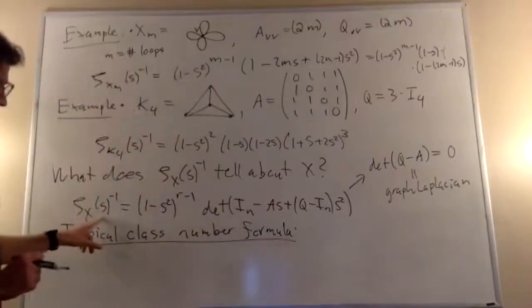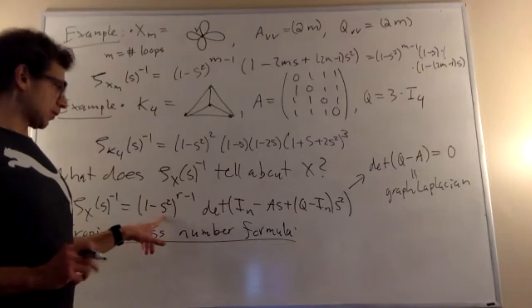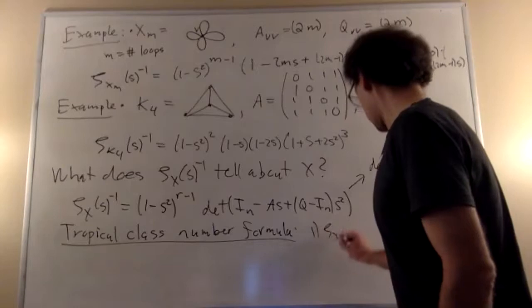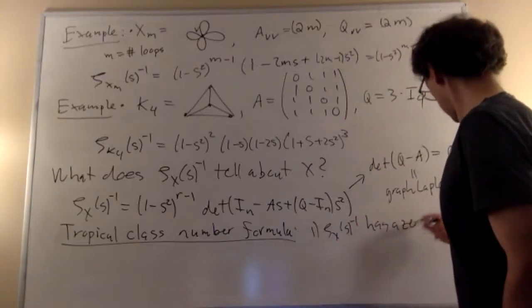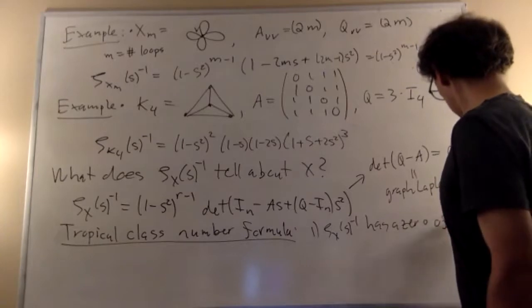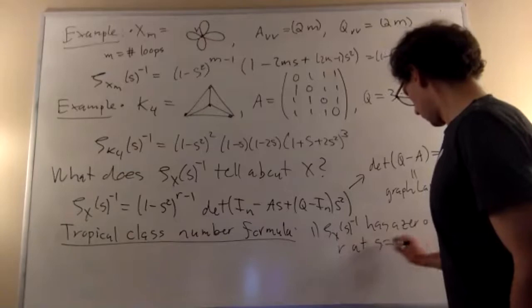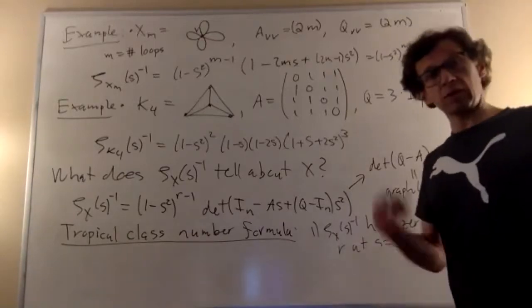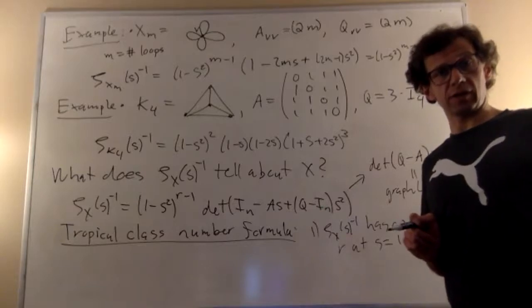So I have a function. It has a 0 of order r at s equals 1. First of all, let's write this down. Zeta_X(s) inverse has a 0 of order r at s equals 1, where r is the first Betti number of the graph. You can ask, what is the leading non-zero Taylor coefficient?